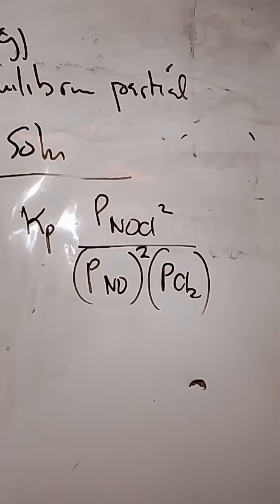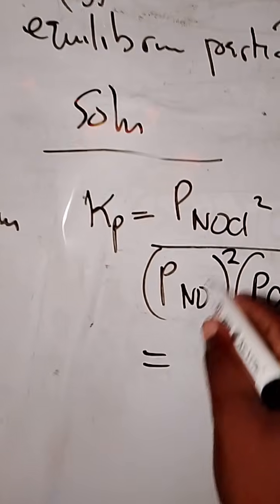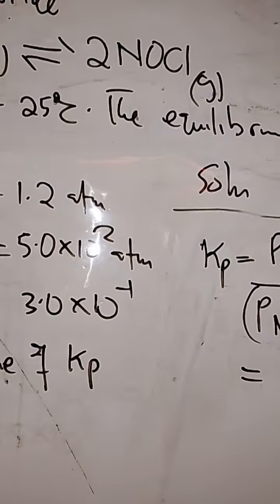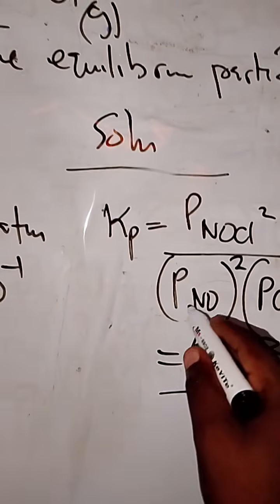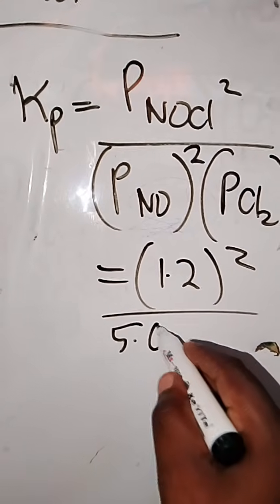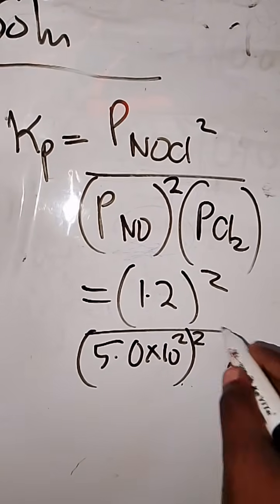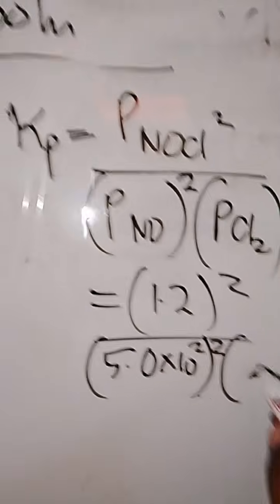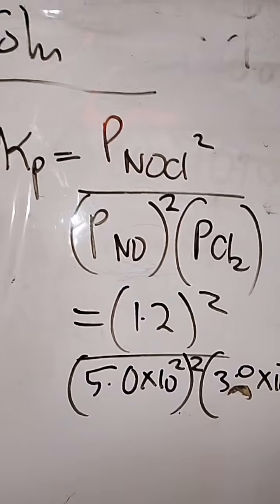Okay, now we substitute the partial pressures. So the partial pressure of nitrosyl chloride is 1.2, squared, over the partial pressure of NO, 5.0 times 10 to the power 2, squared. Then the partial pressure of chlorine, which is 3.0 times 10 to the power -1.